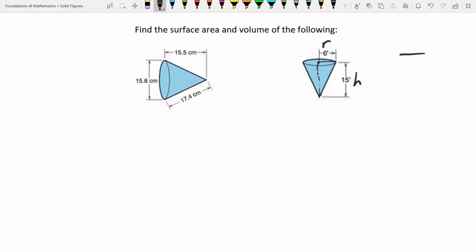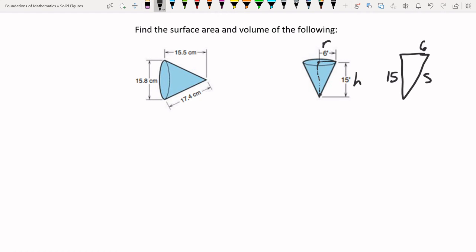And that gives me a triangle that looks like this. Now this is going to be our slant height. This tall distance here is the same thing as the height of the cone. And this distance happens to be the exact same thing as the radius. So that's going to be 15.